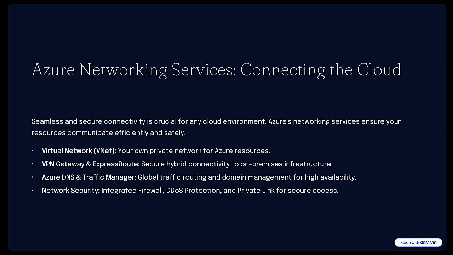Azure DNS and Traffic Manager provide global traffic routing and domain management for high availability, and network security is integrated with firewalls and DDoS protection, and Private Link for secure access. So these are the components we are going to discuss in our lab sessions. We are going to create VNets, VPN gateways, ExpressRoutes, Azure DNS, Traffic Manager, and network security. Okay.